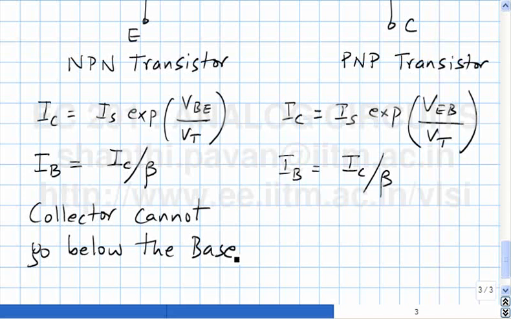So VCE SAT being equal to 0.65 volts means that the collector cannot go below the base.